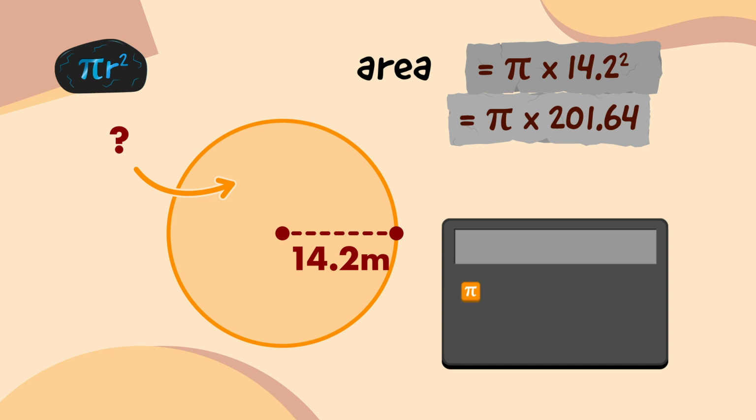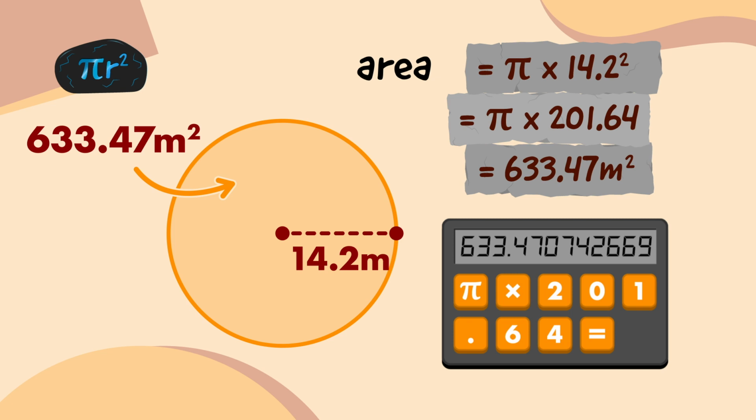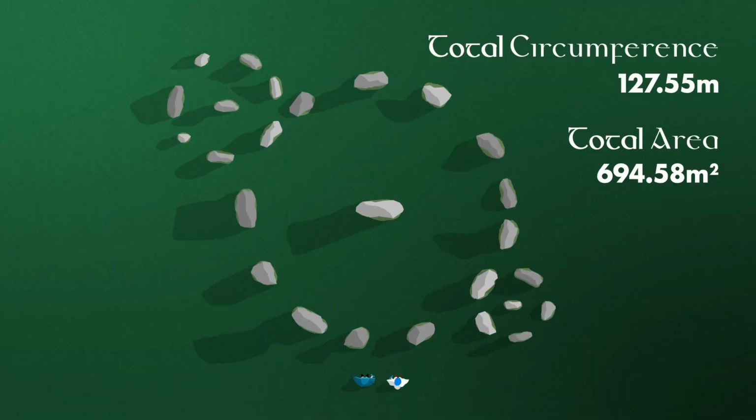So I'm going to press the pi button, press the multiply button, type 201.64 and press the equals button, which gives me 633.4707426669. That means the area of the third stone circle is 633.47 square metres. Brilliant! It looks like we've got everything we need to bring the 3 stone circles to life.